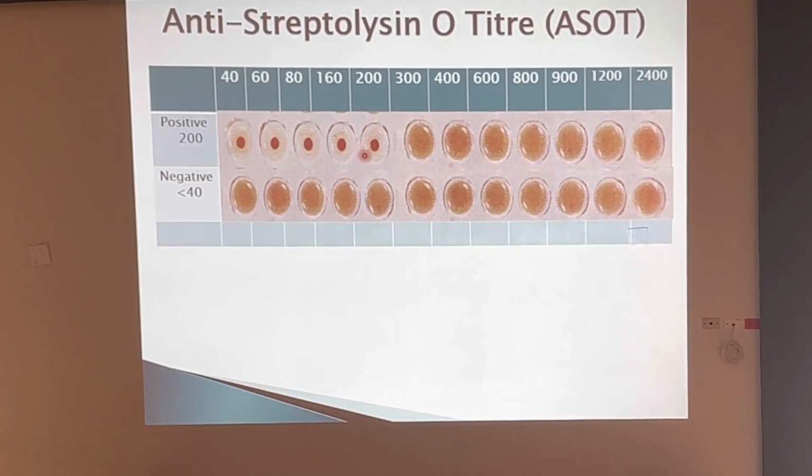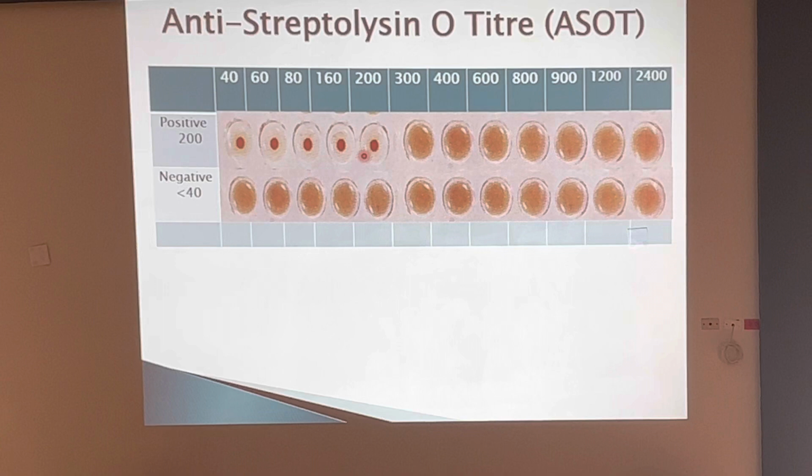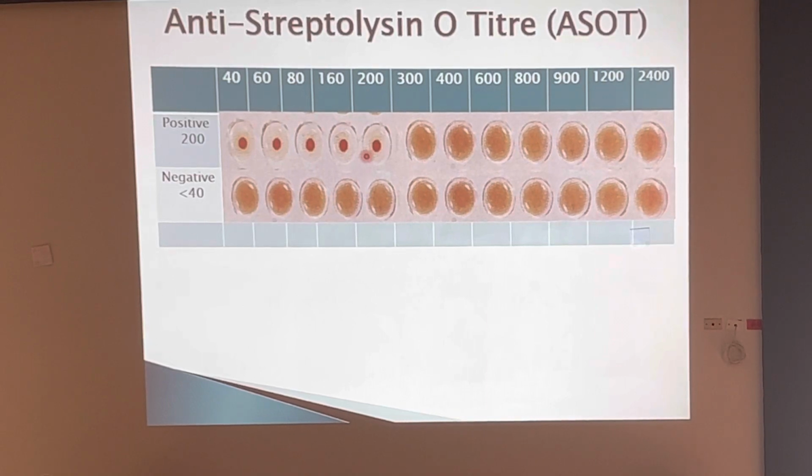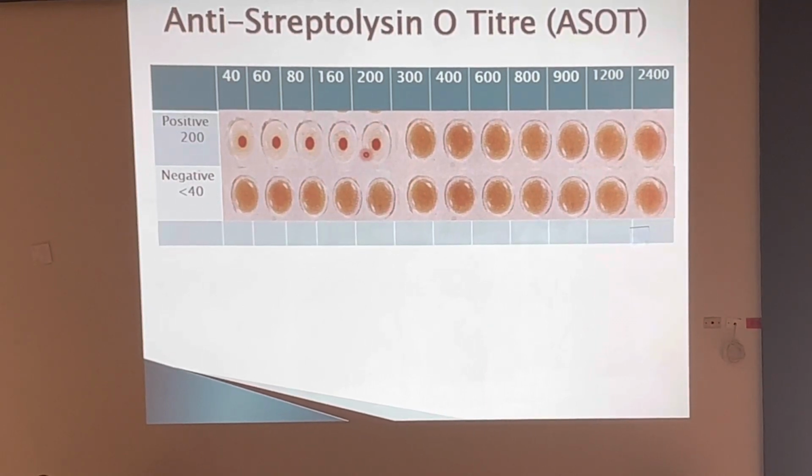Therefore it causes the lysis, right? But we're not detecting streptolysin O. We know streptolysin O is there because we added it. We're detecting antibodies to streptolysin O. The antibodies bind the streptolysin O, and then when the red cells are added, the streptolysin O is neutralized and can't lyse the red cells.